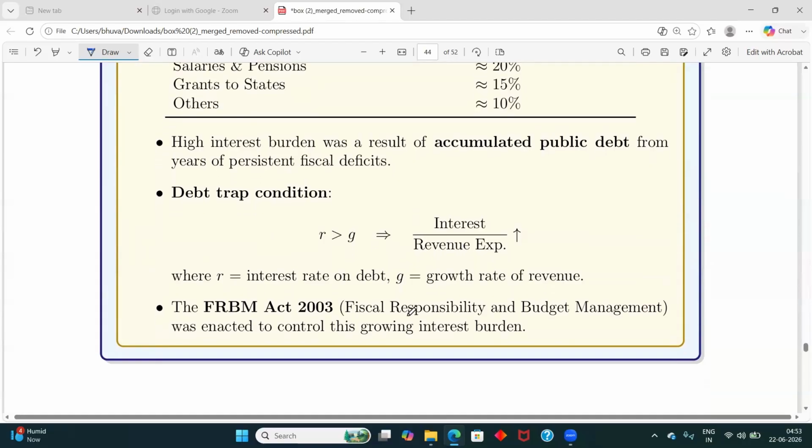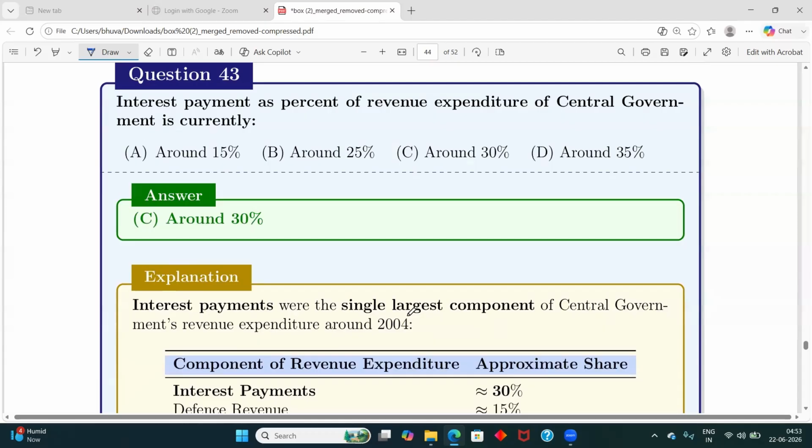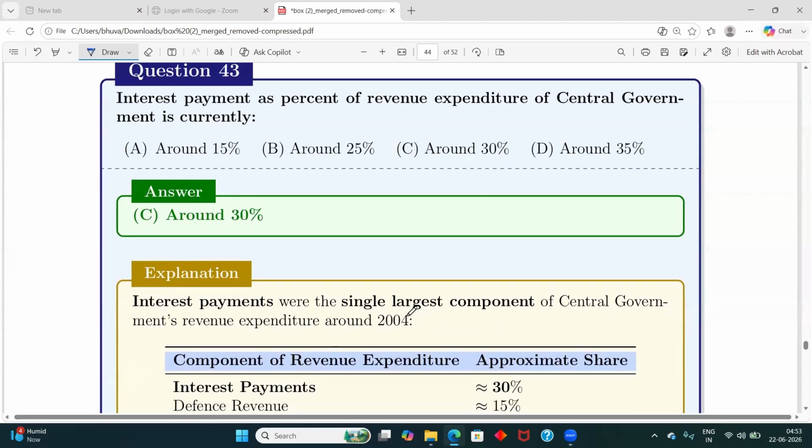The FRBM Act 2003 was enacted to reduce the deficit. Fiscal Responsibility and Budget Management was introduced to control the growing interest burden. So the correct option is C, around 30% of central government revenue expenditure goes to interest payment.